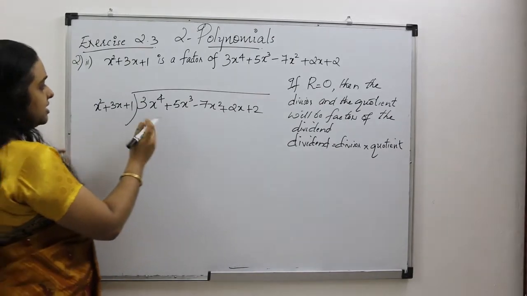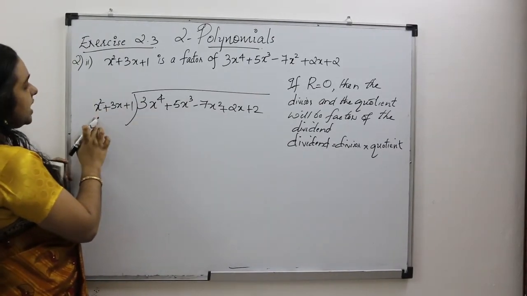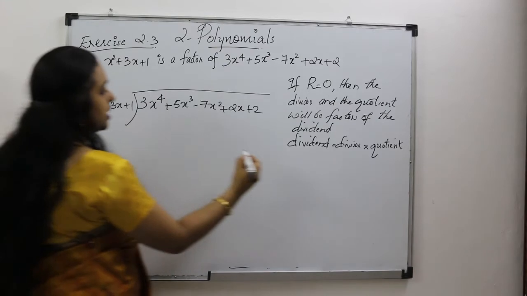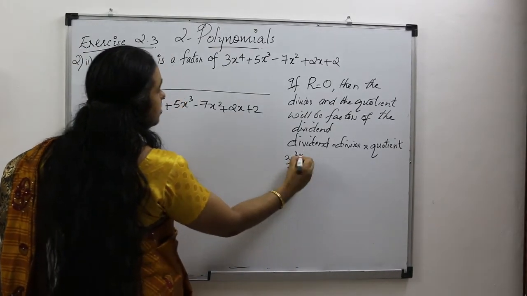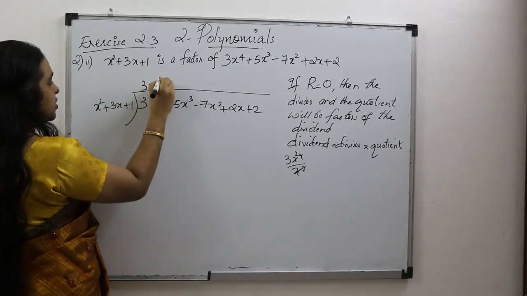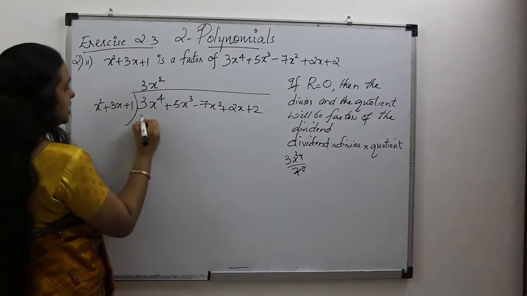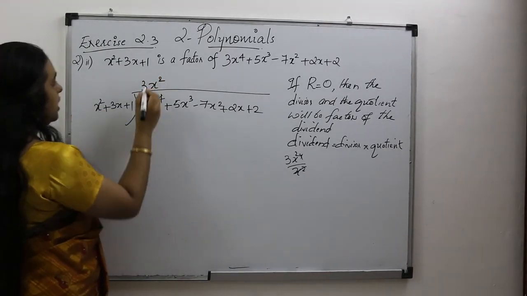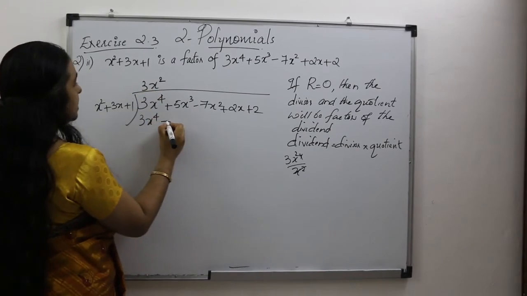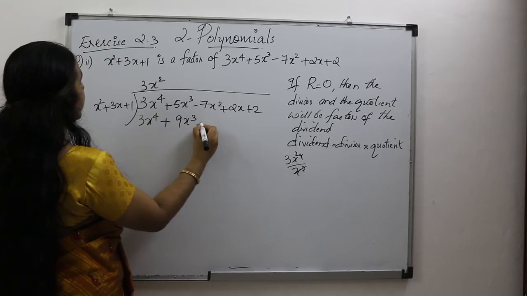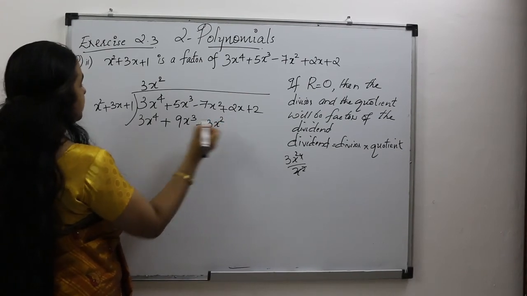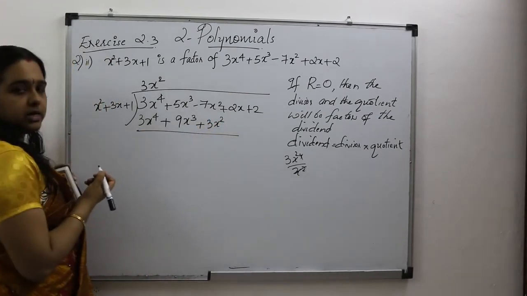So let's try this. 3x raised to 4 divided by x square will become 3x square. 3x square into x square is 3x raised to 4, plus 9x cube, plus 3x square. Subtract.